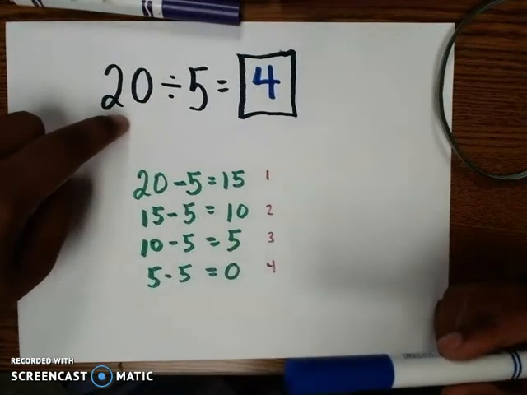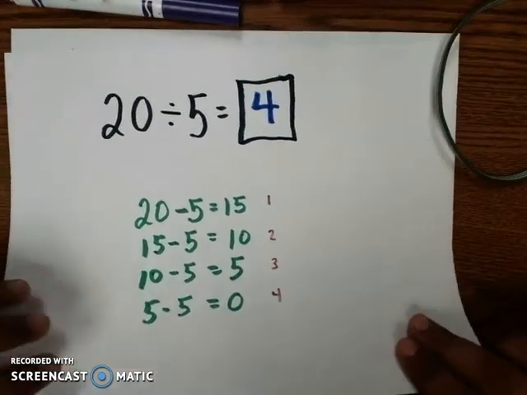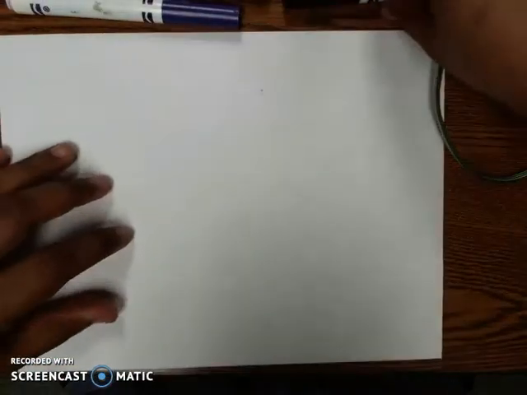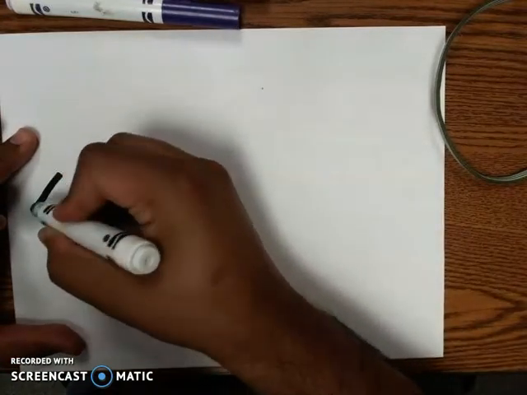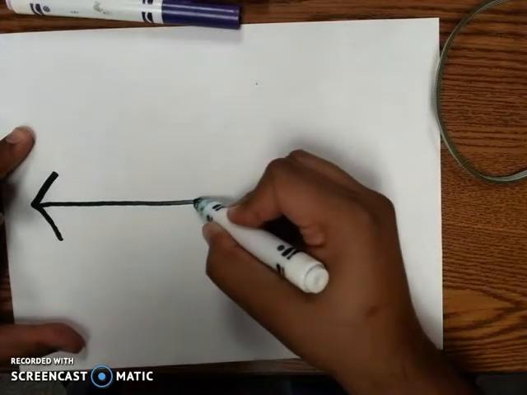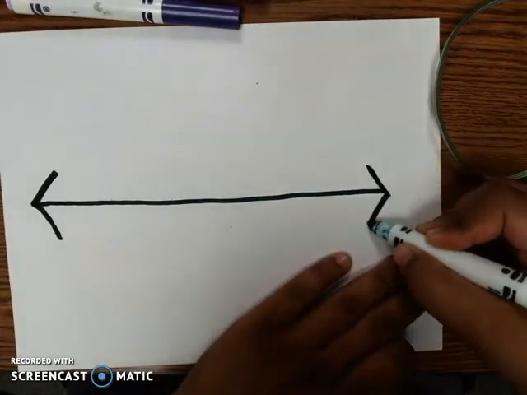So another way to look at this is by using the timeline. I'm going to move this aside for a moment. If we're using the timeline, we're going to start with an arrow here, go all the way across and do another arrow here.